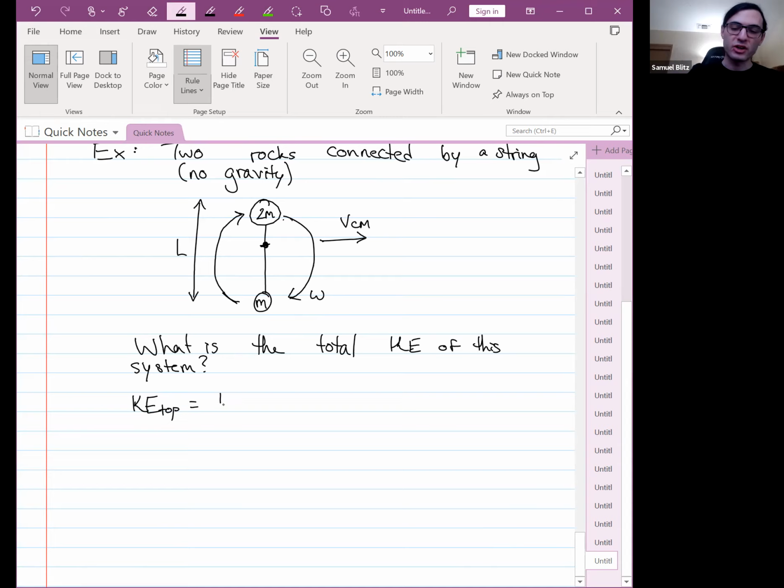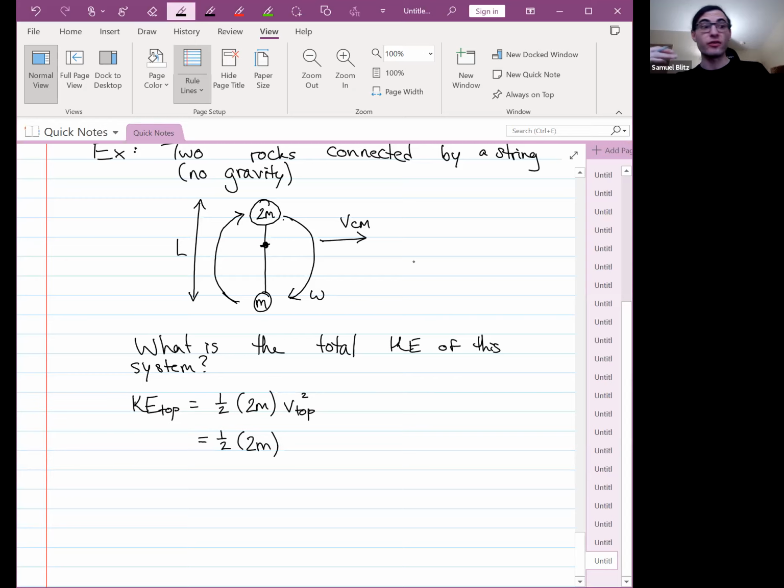So here, the kinetic energy of the top mass is 1/2 times 2m, twice the mass, times the velocity of the top rock squared. So what is the velocity of the top rock? Well, the top rock is rotating. It has some linear velocity because of its rotation, but it's also just moving with the center of mass.